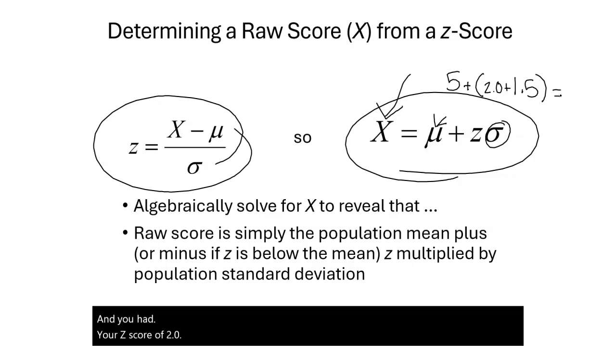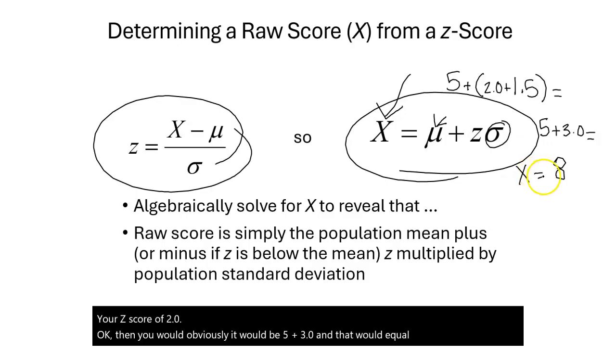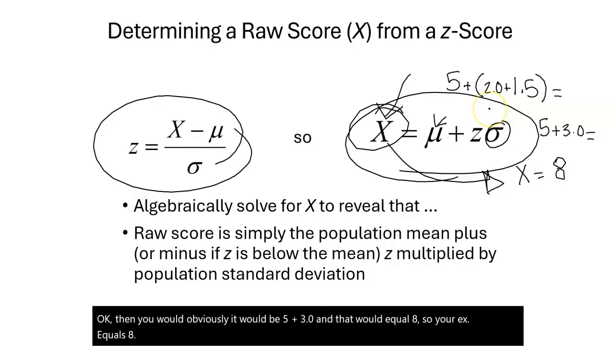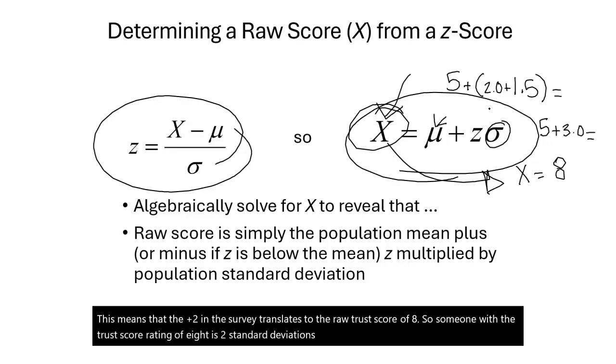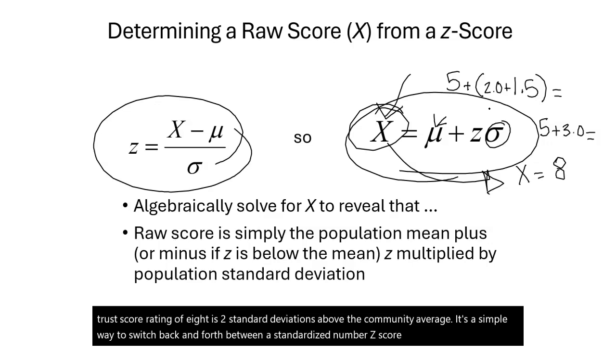Then it would be 5 plus 3.0, and that would equal 8. So your x equals 8. This means that the +2 in the survey translates to the raw trust score of 8. So someone with a trust rating of 8 is 2 standard deviations above the community average. It's a simple way to switch back and forth between a standardized number, the z-score, and the raw data, x.